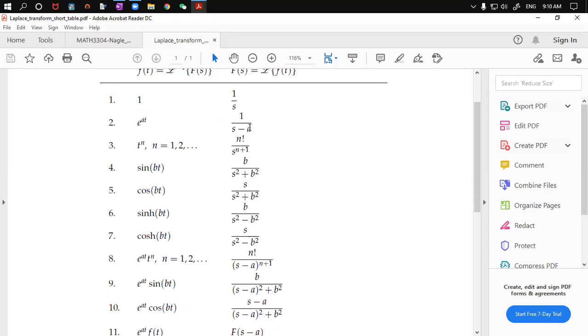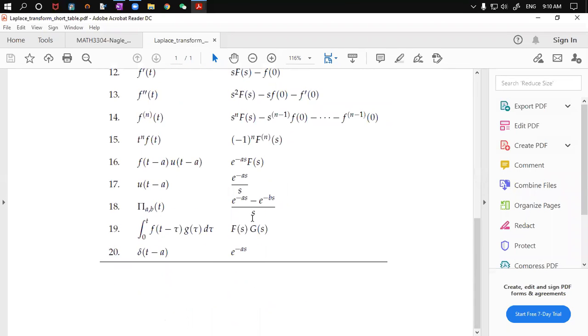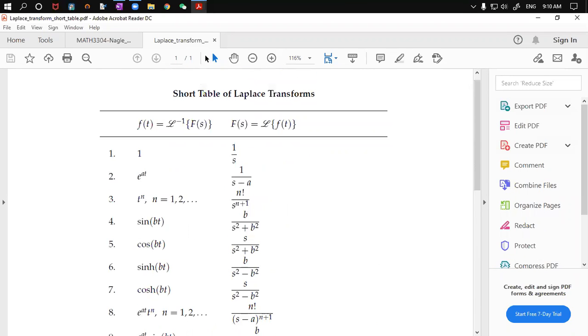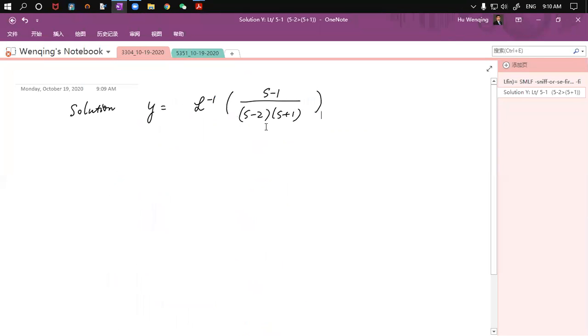But the 2 is just a first order polynomial in the denominator. It's not going to be a product of two first order polynomials. So if you think carefully, in the second column of this table, there's nothing matching this inverse Laplace transform formula. So what should we do?